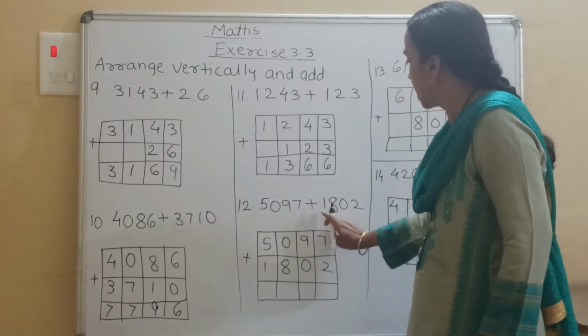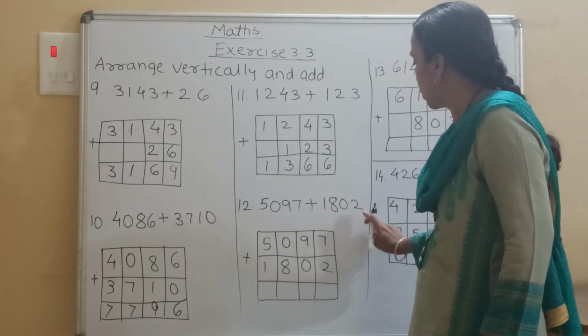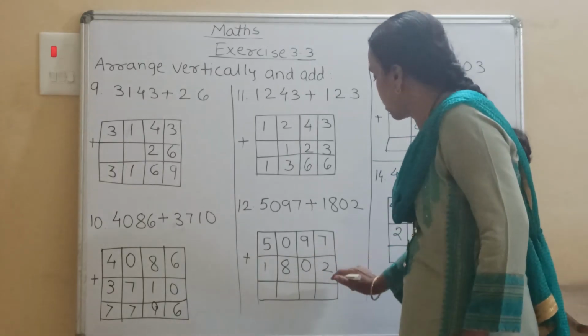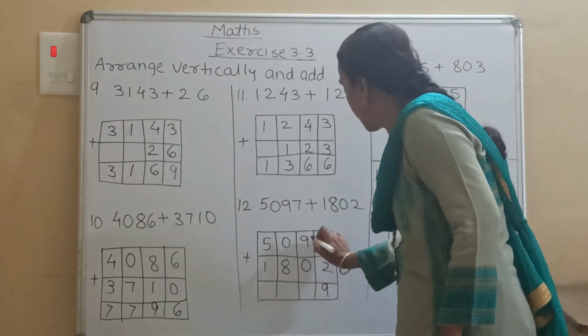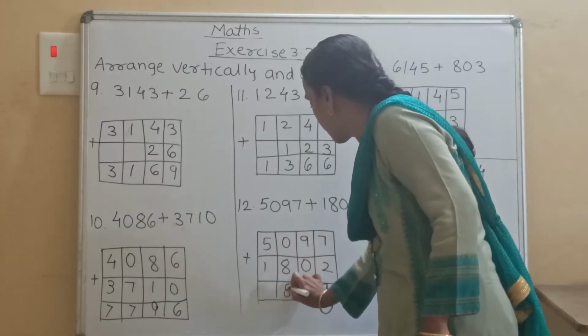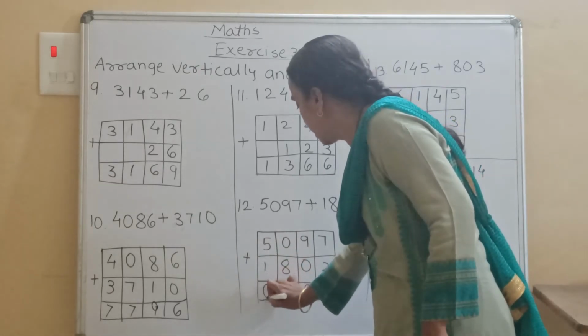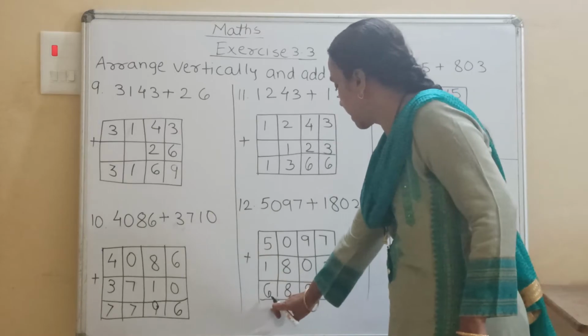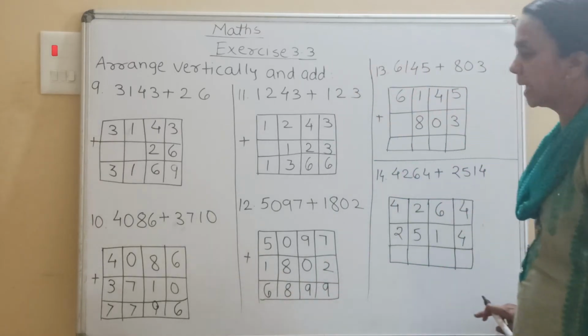5097 plus 1802. So arrange properly. 7 plus 2, 9. 9 plus 0, 9. 8 plus 0, 8. 5 plus 1, 6. So answer is what? 6899.